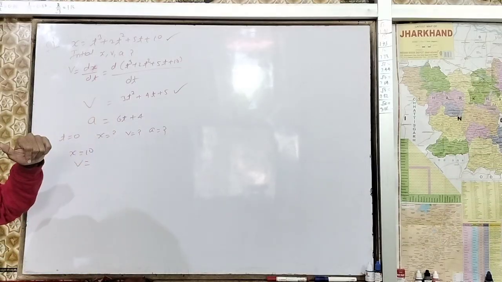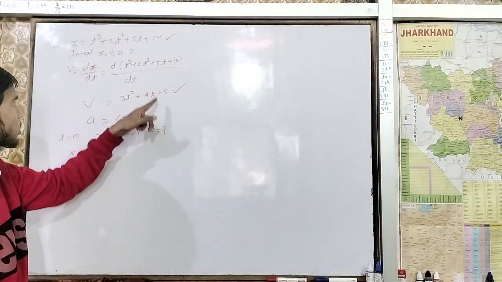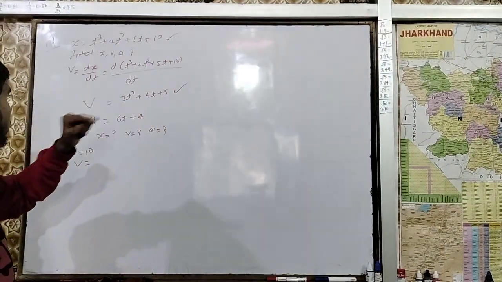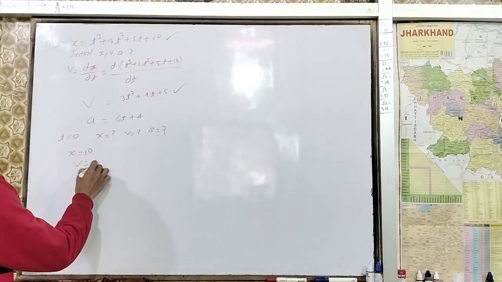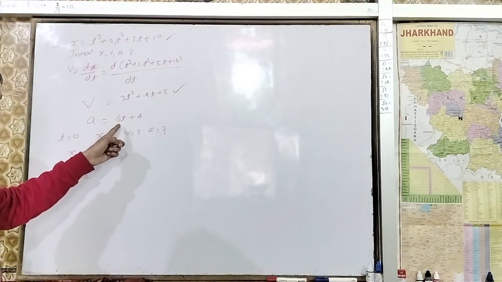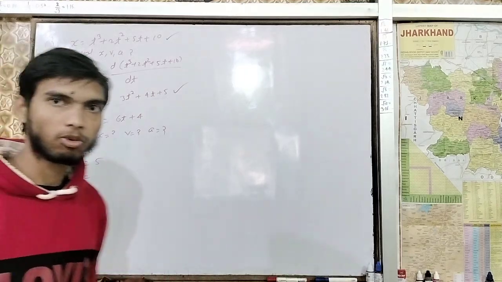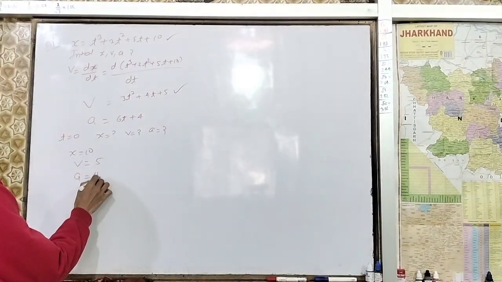This term becomes 0, this term also becomes 0, and what is left is 5, so the velocity is 5. Substituting t in a equal to 6t plus 4, you get 4. So acceleration is 4.